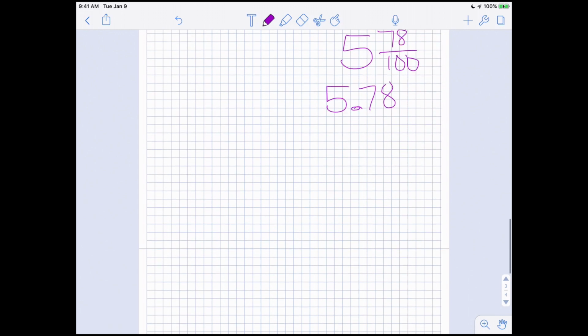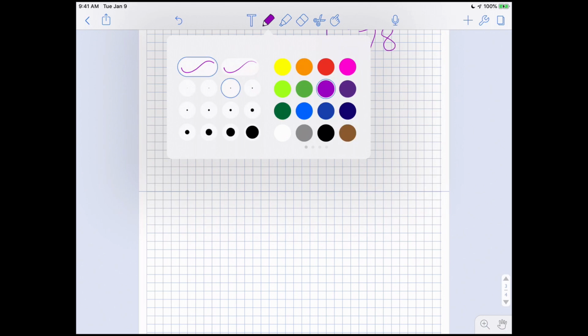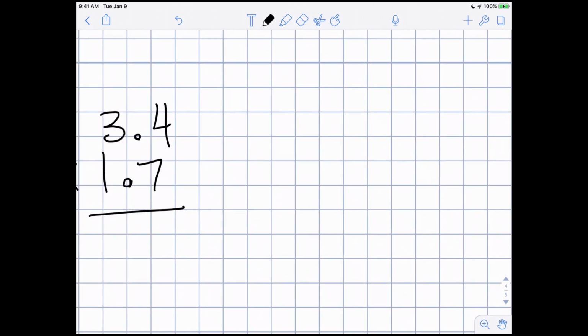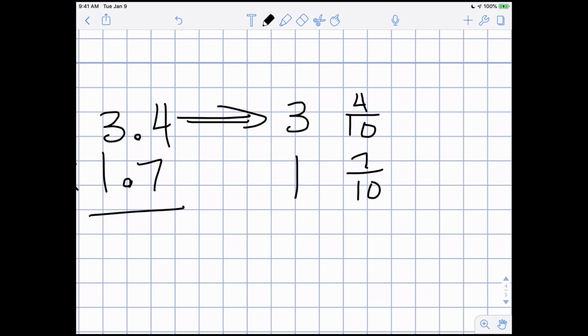So as we move, 3.4 times 1.7, we could be thinking of this as 3 and 4/10, and we could think of this as 1 and 7/10, and we can multiply in an unorthodox way.